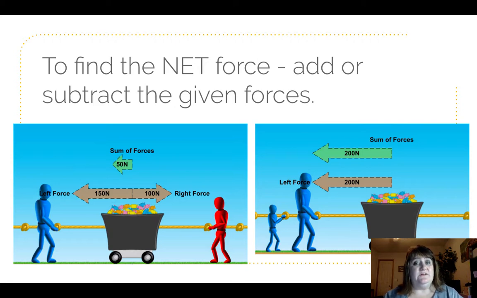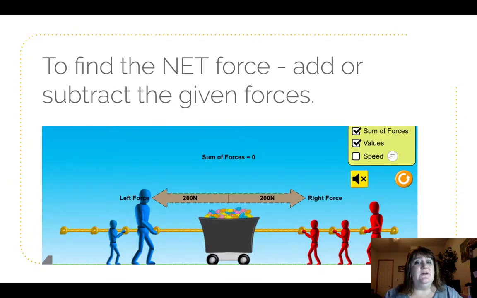Direction is important here. The picture on the right shows two people pulling together in a leftward force of 200 newtons. So since they're going together, right, you add them together and the total is 200 newtons.